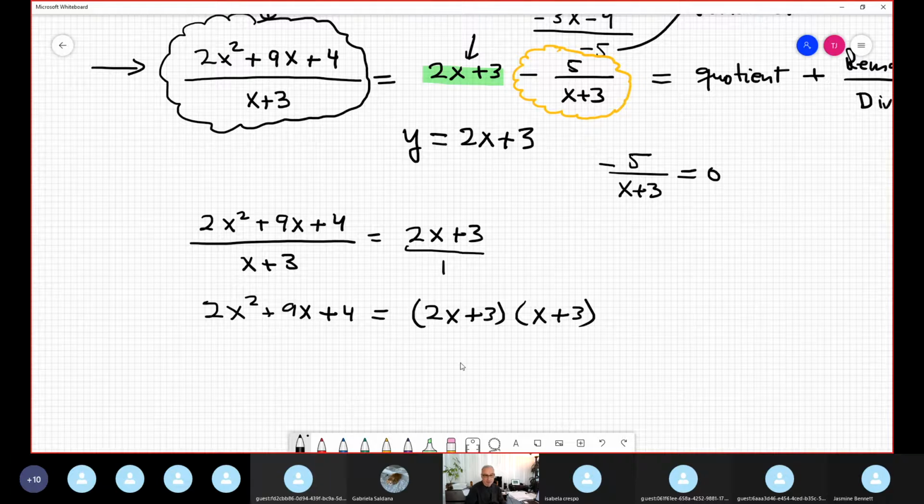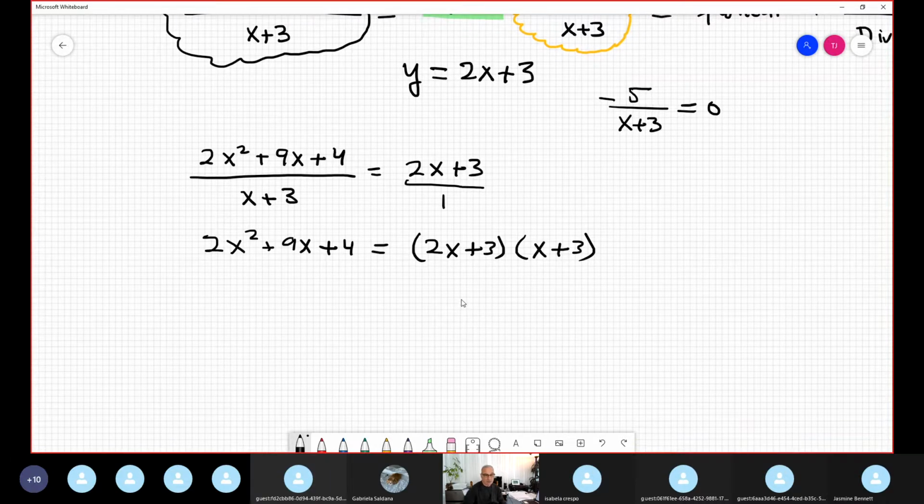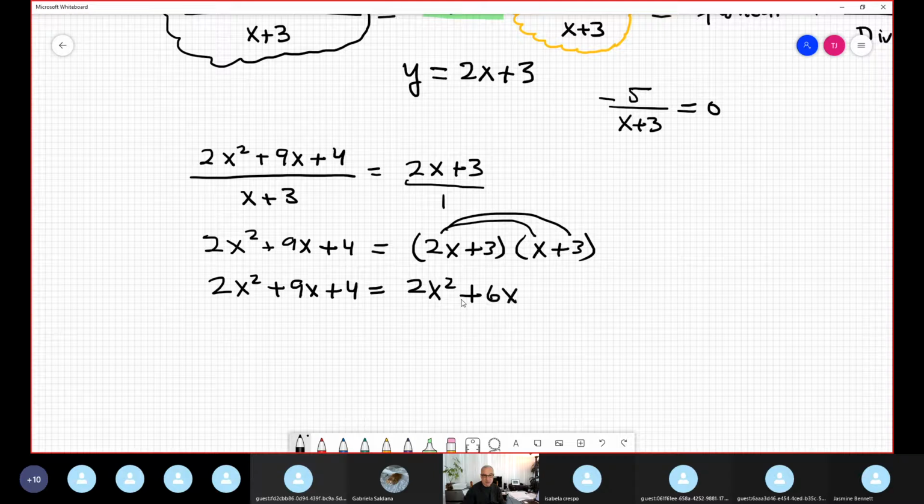And you FOIL, multiply. 2x squared plus 9x plus 4 is equal to 2x squared plus 6x plus 3x plus 9.